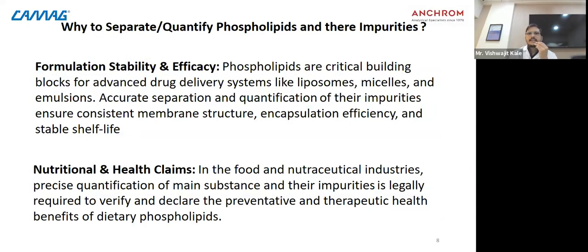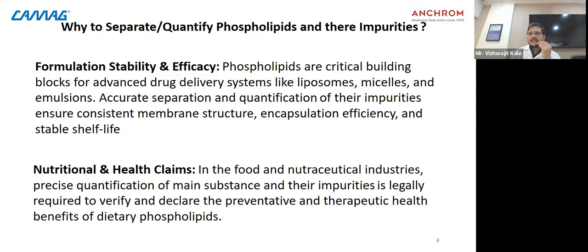And why separate and quantify phospholipids and their impurities? Because phospholipids are critical building blocks for advanced drug delivery, like liposomes, micelles, and emulsions. Accurate separation and quantification play a very vital role during encapsulation of the formulation, and in keeping control on its quality.